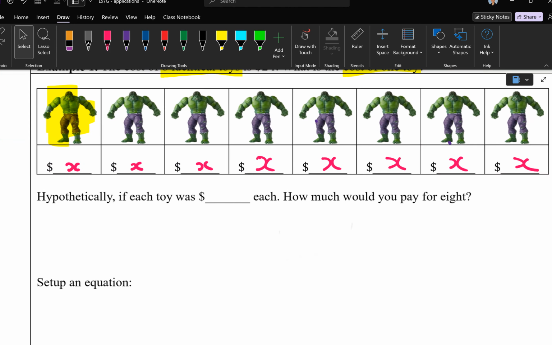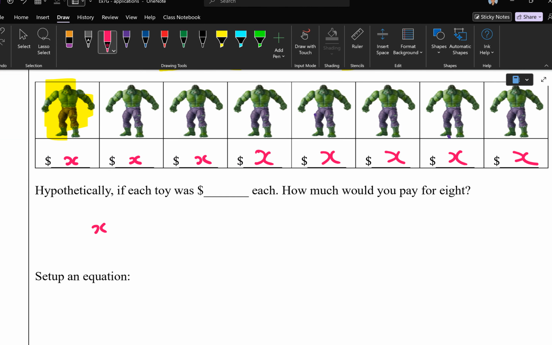Well, you would have said, one toy plus a second toy plus a third toy plus a 4th, 5th, 6th, 7th, 8th. That's all 8 toys that I'm adding together to figure out the cost.